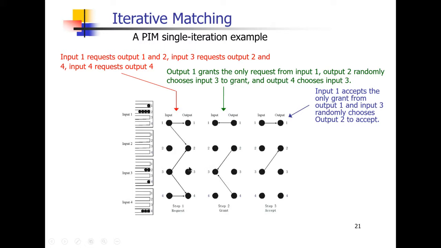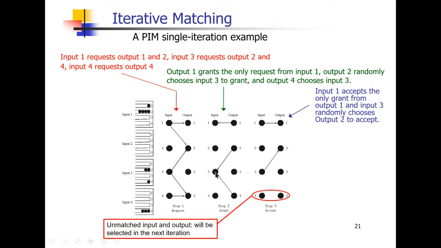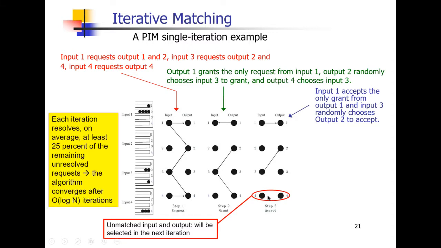The same for input number 3. Input number 3 will transfer a cell from this node to here, so this request cannot be satisfied. But we still have one request in the original set that potentially can be satisfied, because node 4 and node 4 so far have not been engaged in any transfer. So we can do another iteration where we will consider only this request.